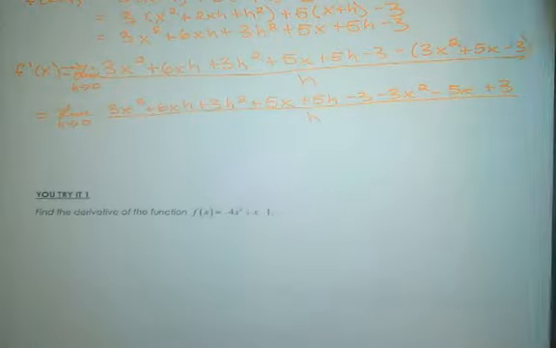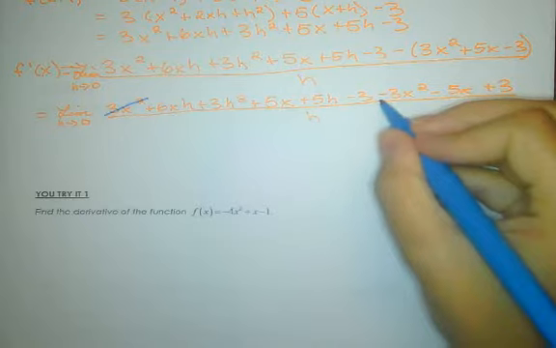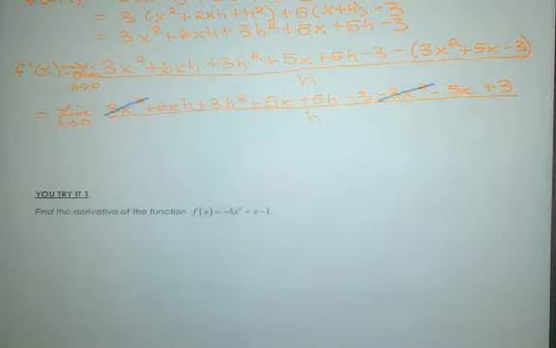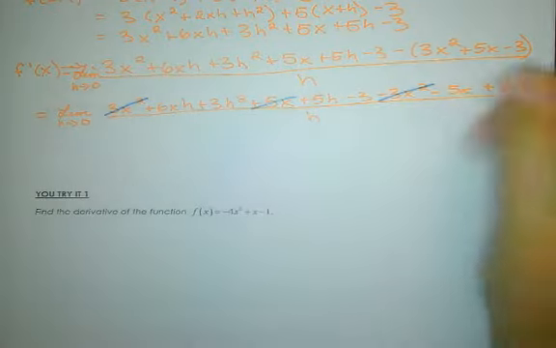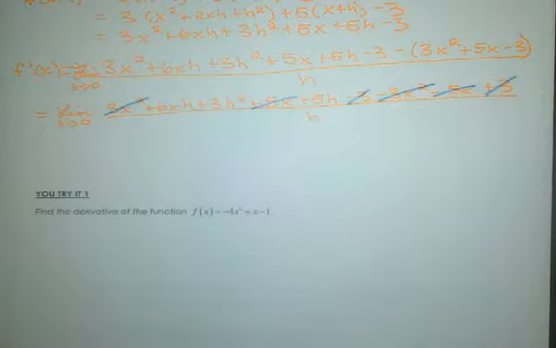Okay? So once you get to there, you can hopefully see that this takes out that, and I've got a plus 5x and a minus 5x. I've got a minus 3 and a plus 3. So you can start to kill stuff off.